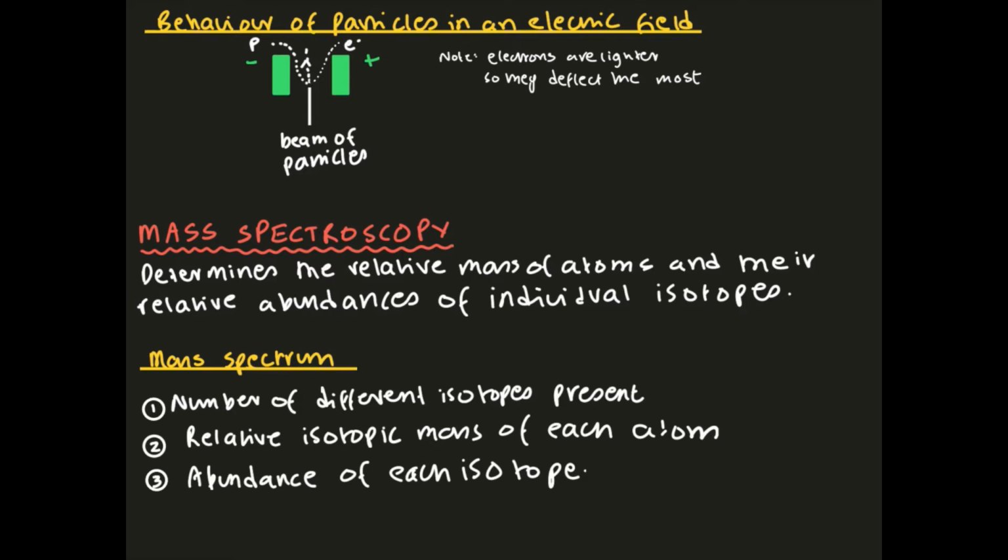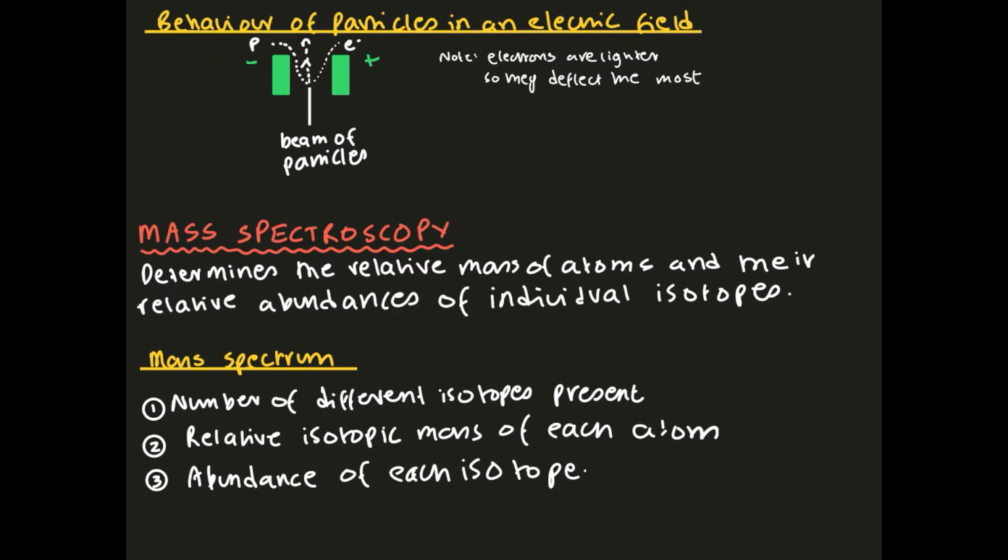Now we're going to be talking about the behavior of particles in an electric field. If you have a positive plate over here and a negative plate over here, and you release a beam of particles containing protons, electrons, and neutrons, the neutron beam is going to go undeflected, so it's going to pass straight through and its direction will not change.